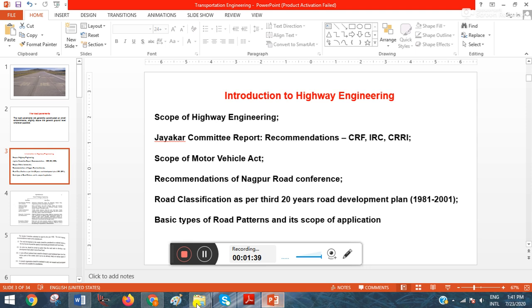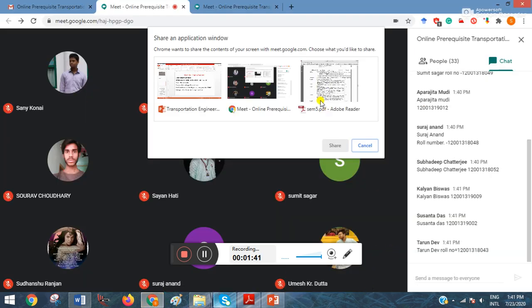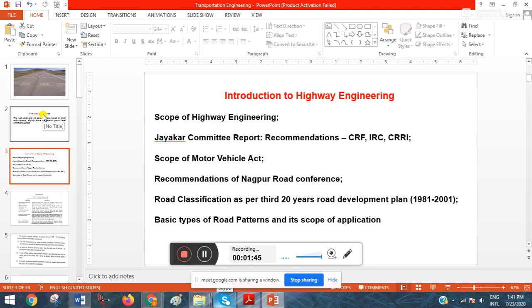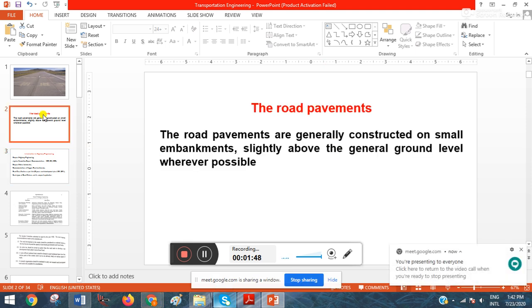Before going to highway engineering, you should know what is road pavements. I think you got from the register, but again I am repeating. The road pavements are generally constructed on small embankments, slightly above the general ground level, wherever possible.